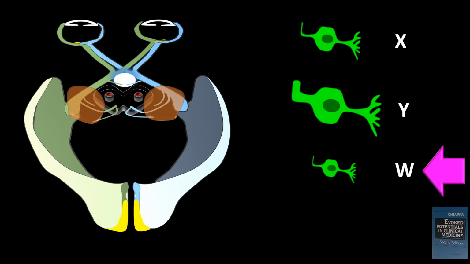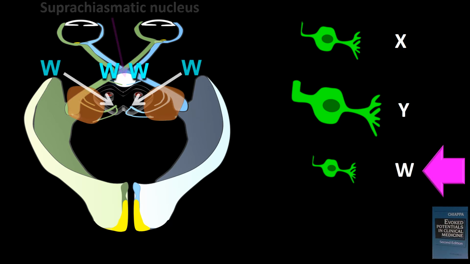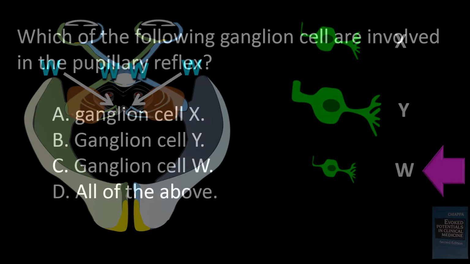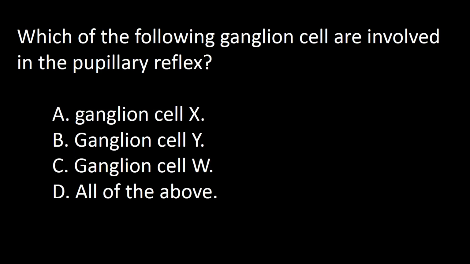The smallest ganglion cells, that is the W ganglion cells, make contact with neurons in the hypothalamus at the level of the suprachiasmatic nucleus, and they also send axons to the superior colliculi and other tactile nuclei. The W ganglion cells are involved in the pupillary reflex. So the answer to this question is C.